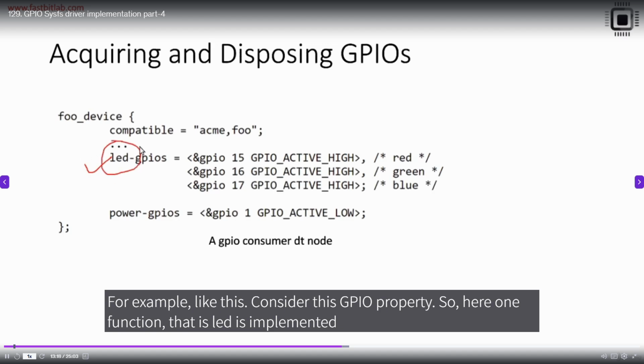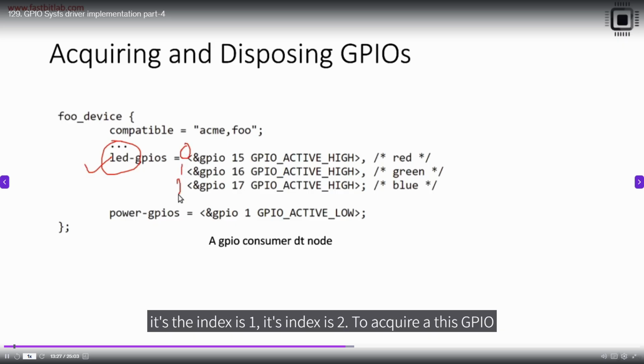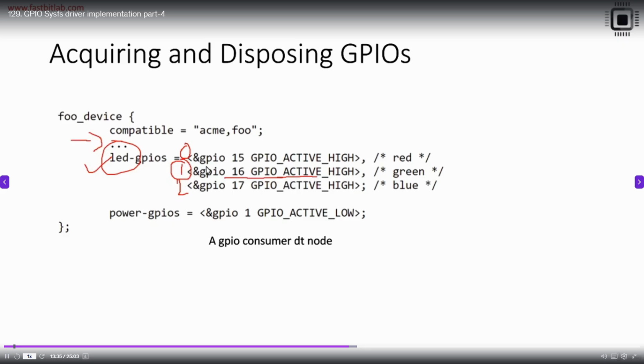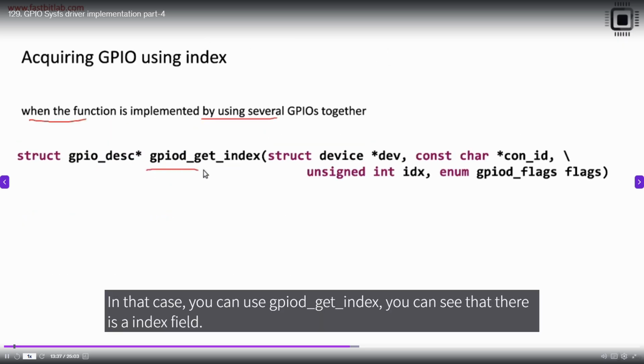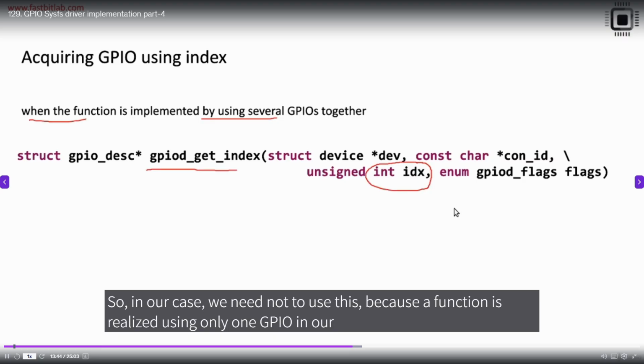Here one function, that is LED, is implemented by 3 GPIOs. So that's why its index is 0, its index is 1, its index is 2. To acquire this GPIO, you have to use this connection ID with this index. In that case, you can use gpiod_get_index. You can see that there is an index field. In our case, we need not use this because a function is realized using only one GPIO.